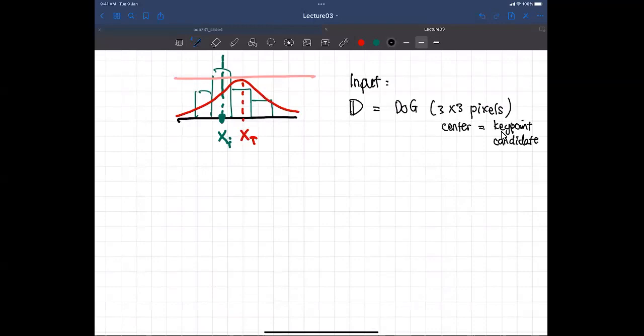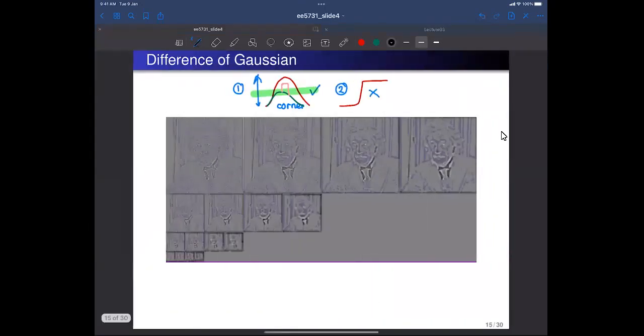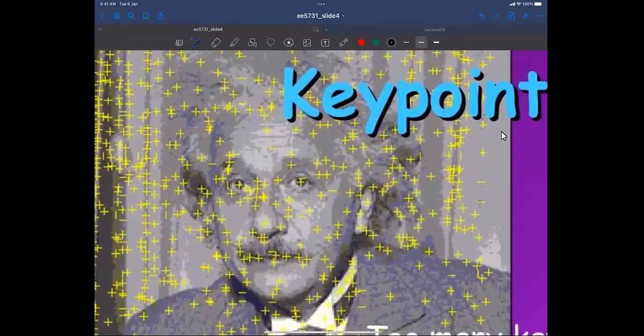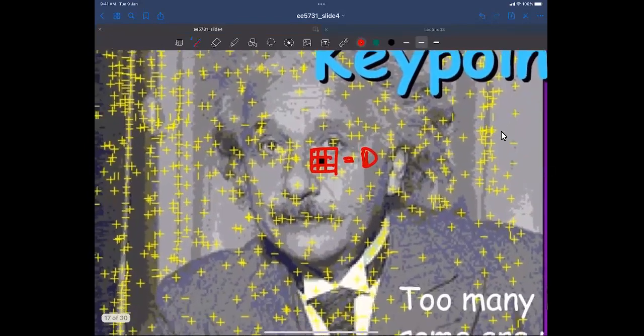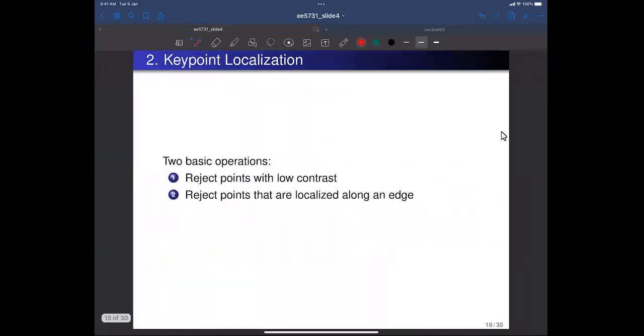Is it clear? So again, look at here. You have key points here, right? Take this key point, for example. That key point has a location. And then from that one, you take 3 by 3. And the center of that is the key point. And this one is your D, matrix D. Any questions so far for this input? No? Okay.